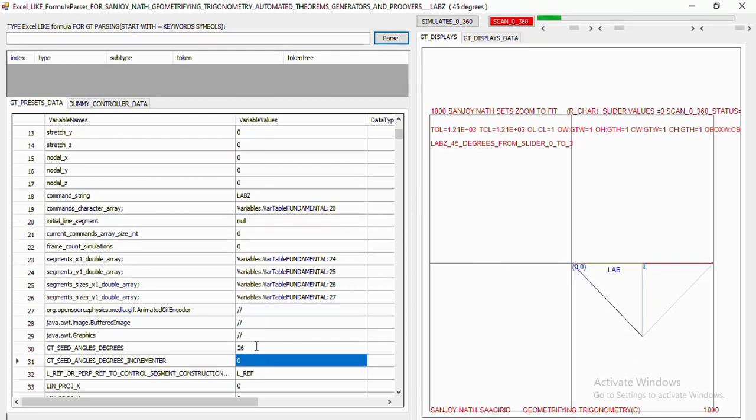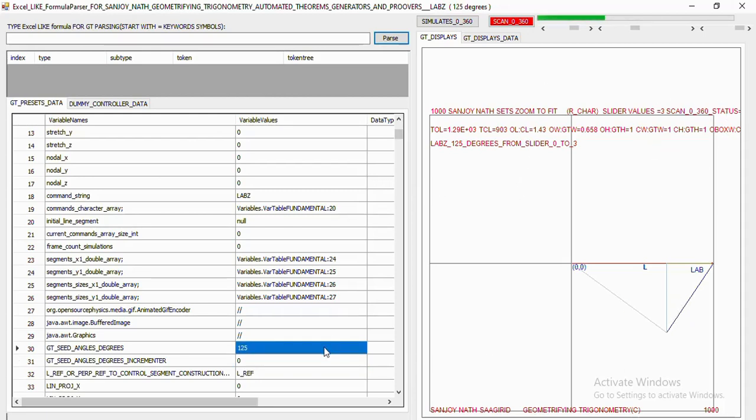For any value of theta, we can test it through sliding here, and it can help you to visualize the nature of dynamic geometry, that how the property of this whole arrangement of Gtsimplex changes if we change the value of theta. The theta is the seed angle here, and several calculations are already shown, simulated at the same time when we are changing anything. That is the beauty of any dynamic geometry systems.